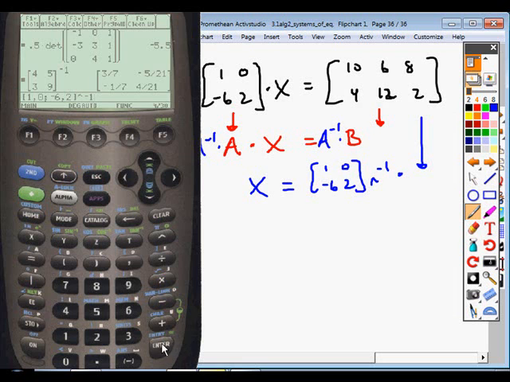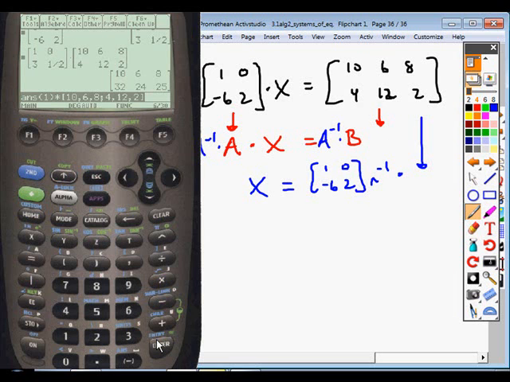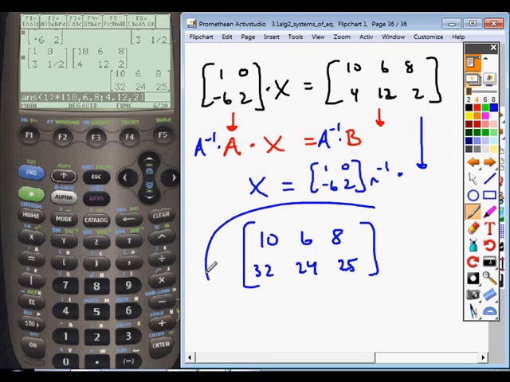So there's our inverse of A. And then we're going to multiply that quantity by this whole thing B. So in the brackets, we have 10, 6, 8. The next row is 4, 12, 2. Close that off. And when we multiply that through, we wind up with our solution, which is 10, 6, 8, and 32, 24, 25. So that would be our value for x, the whole matrix for that.